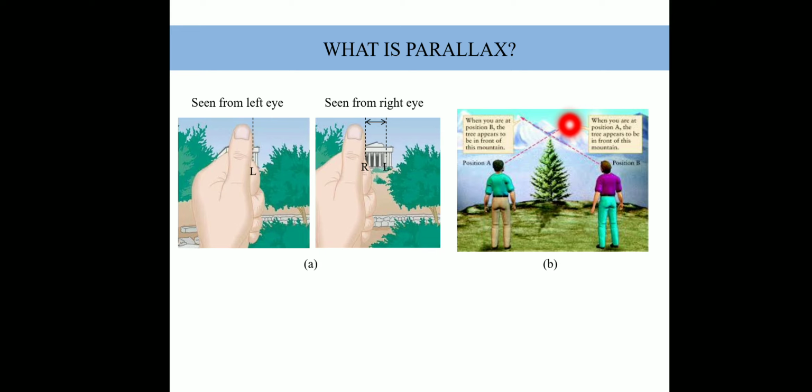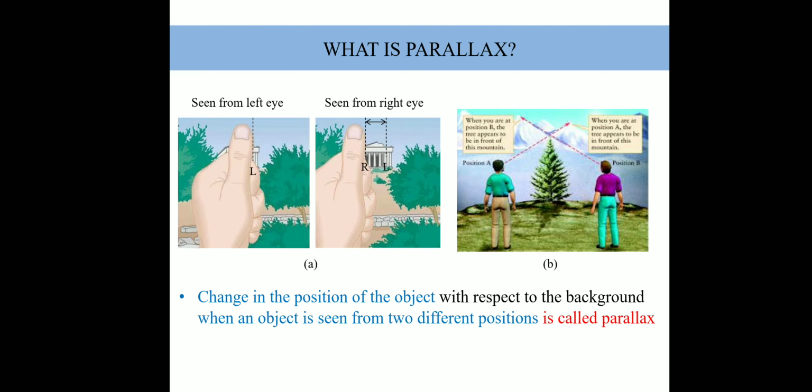So what is this difference we are getting? Very importantly, it is the change in the position of the object, like we have seen. The thumb appeared on this side when we looked with the left eye, and the thumb appears at this position when we look with the right eye.